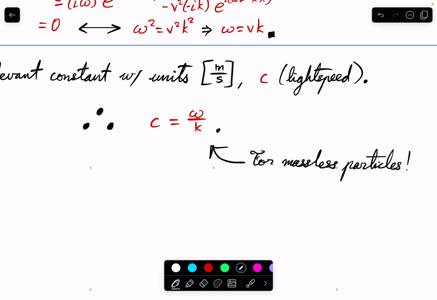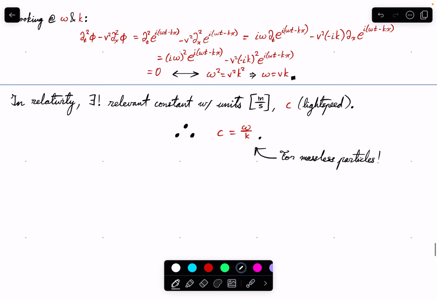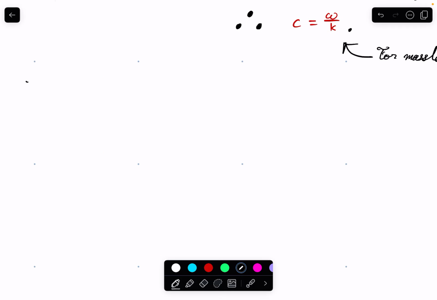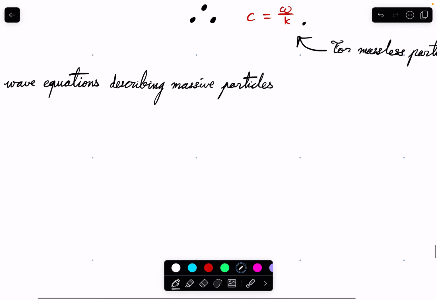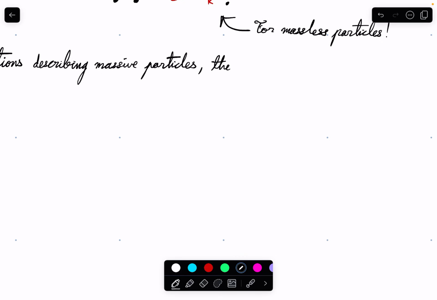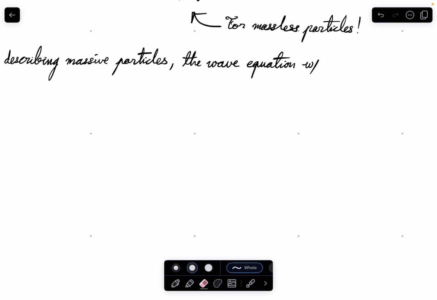So what happens if we consider massive particles? So for wave equations describing massive particles, the wave equation with what's called dispersion is used.